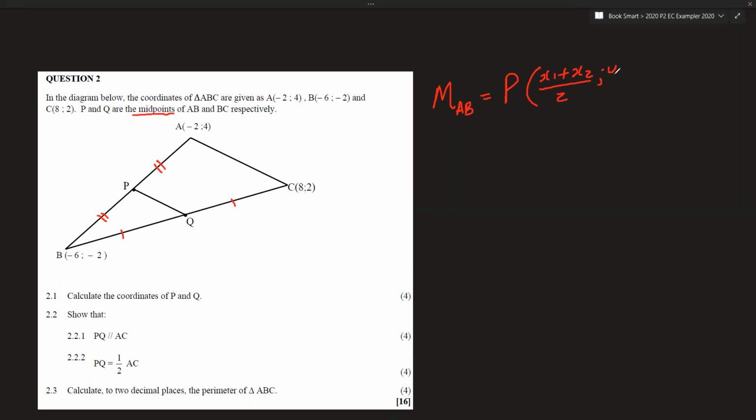Remember, this is the midpoint formula, y1 plus y2 over 2.